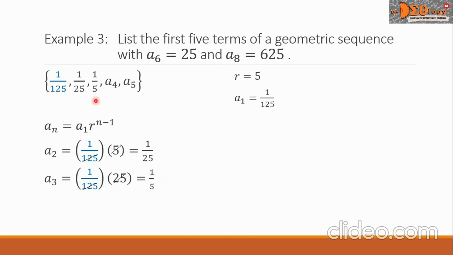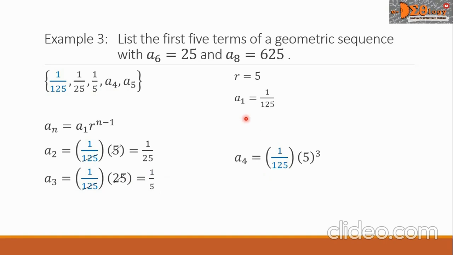Next, let us find a sub 4. Using our general term formula, the a sub 4 equals a sub 1 times r raised to 4 minus 1. And this 4 minus 1 is simply 3. Then, let us substitute the a sub 1, or the first term, and the common ratio.